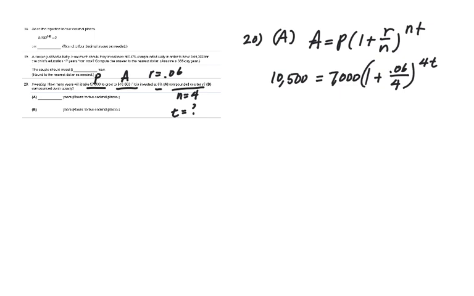Here we need to solve for t, and t is expressed as an exponent. So the first thing we want to do is isolate the exponential portion. Since 7,000 is multiplied to this, we'll divide both sides of the equation by 7,000.